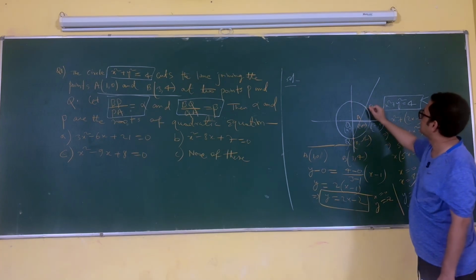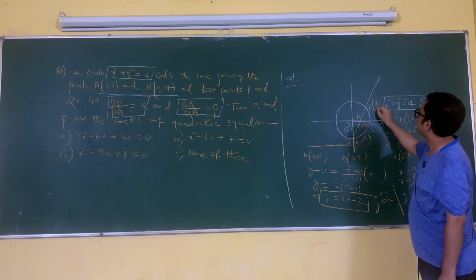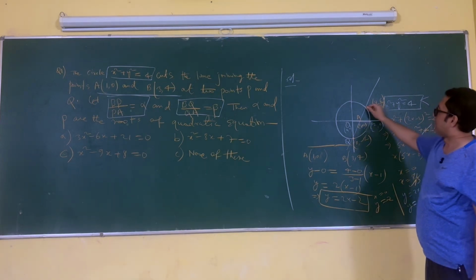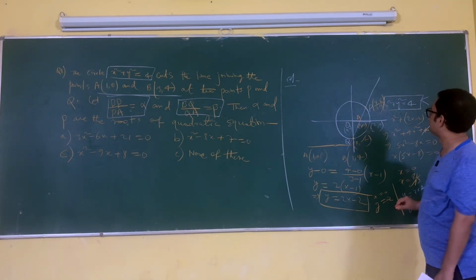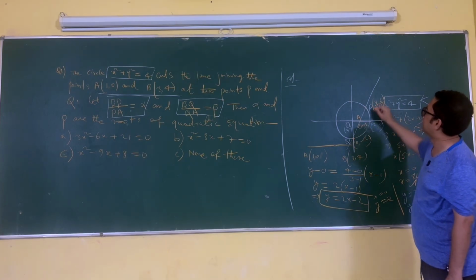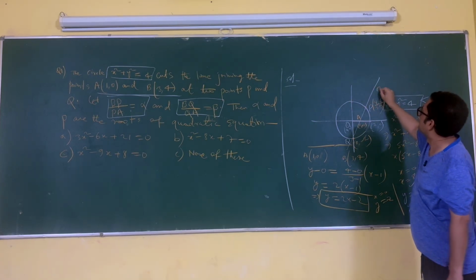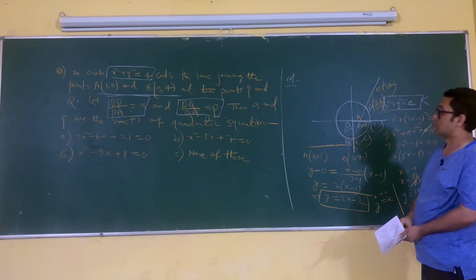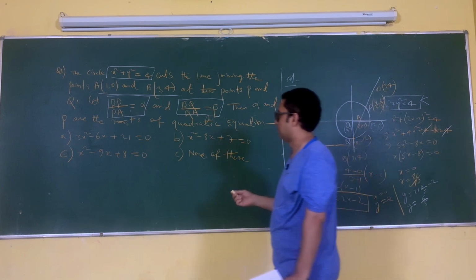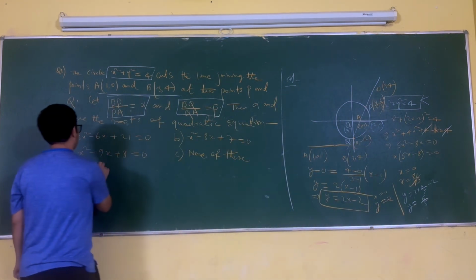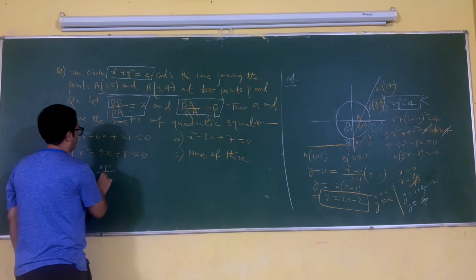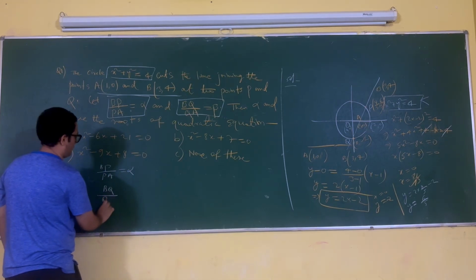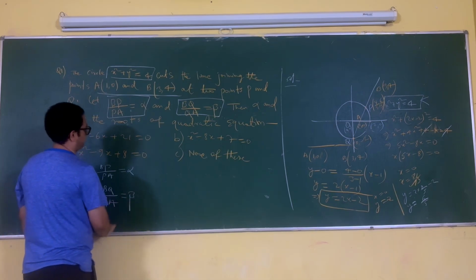So this point P is 8 upon 5, 6 upon 5, and point B is 3, 4. Okay, so now what they are asking here is to find BP upon PA, that is equal to alpha, and BQ upon QA is equal to beta.